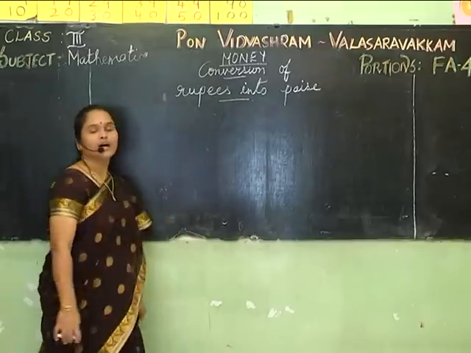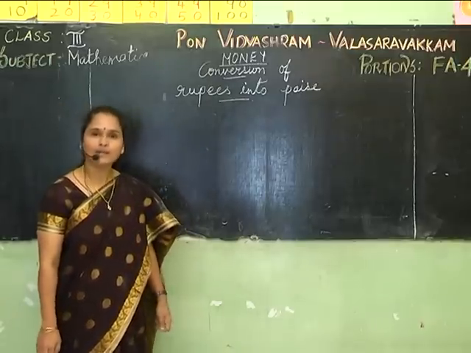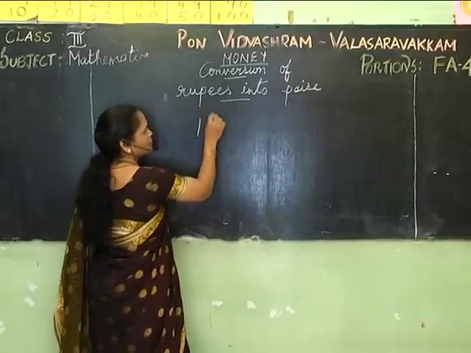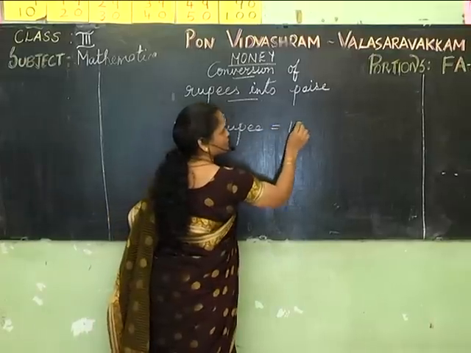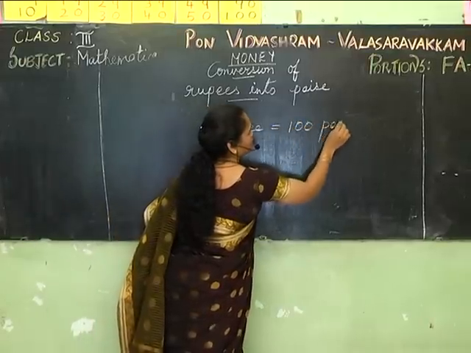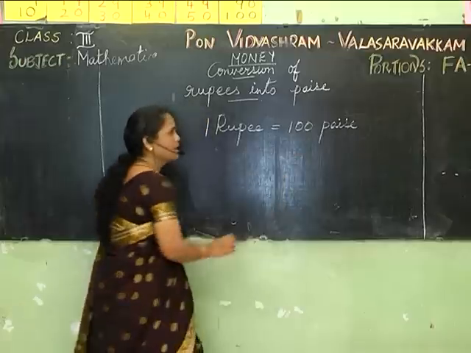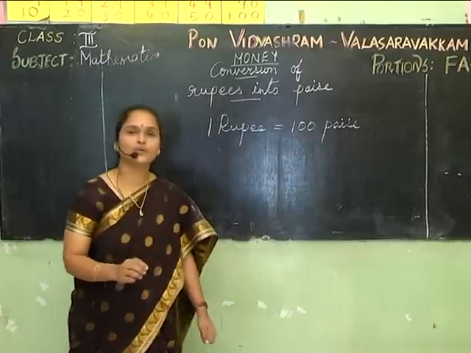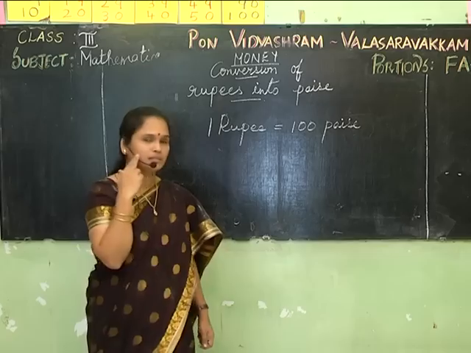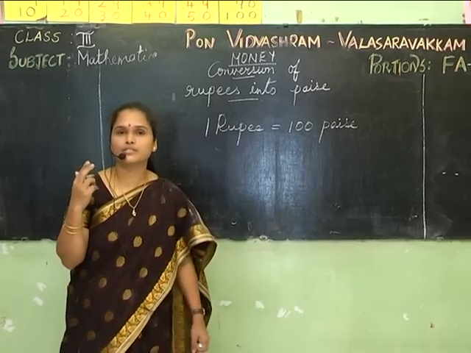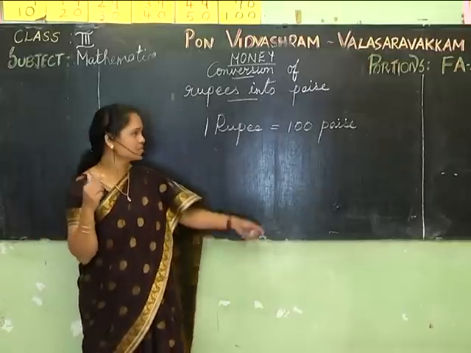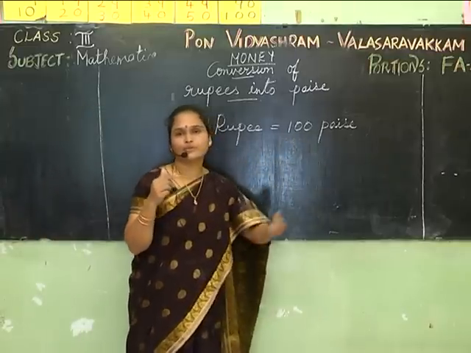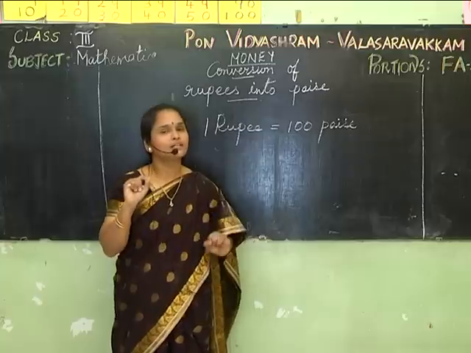First, how many paise make 1 rupee? 1 rupee is 100 paise. P is equal to paise. Now you have different combinations to get the 100 paise coin.